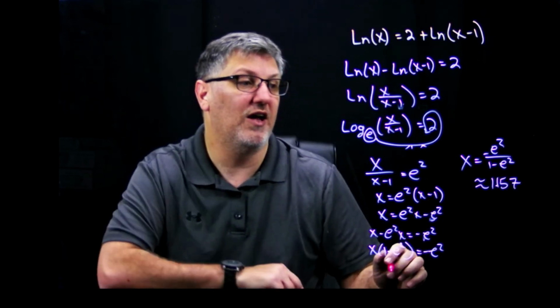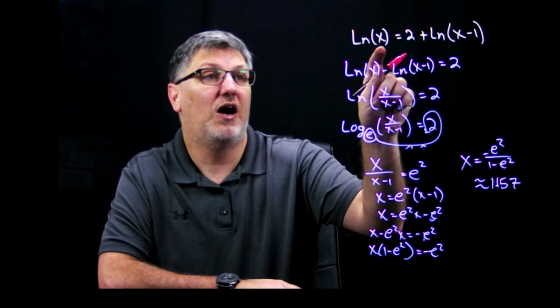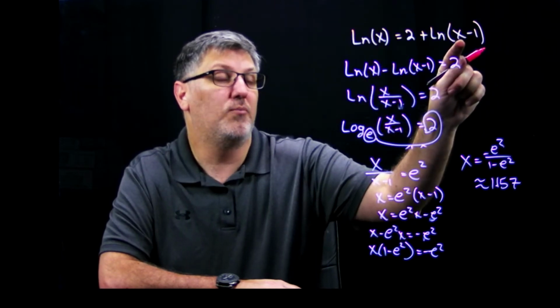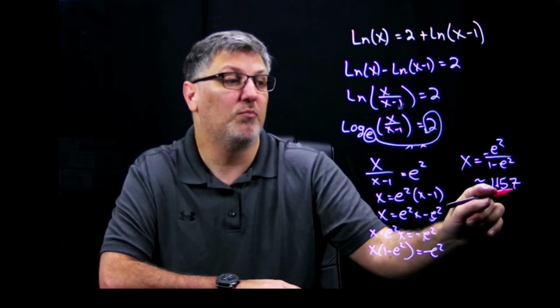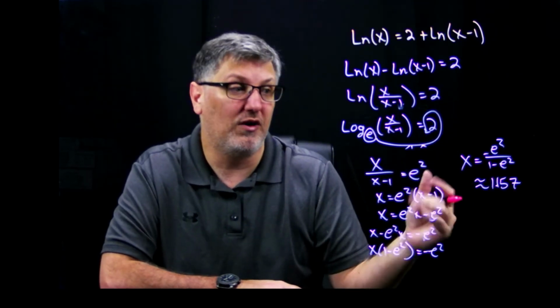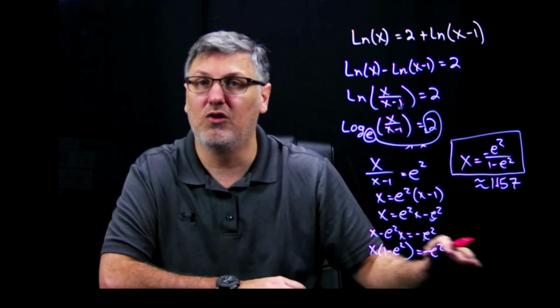So if I put this in here, I need to make sure I get a positive number. 1.157 minus 1 gives me 0.157, which is a positive number greater than 0. So this is my solution to the original log equation.